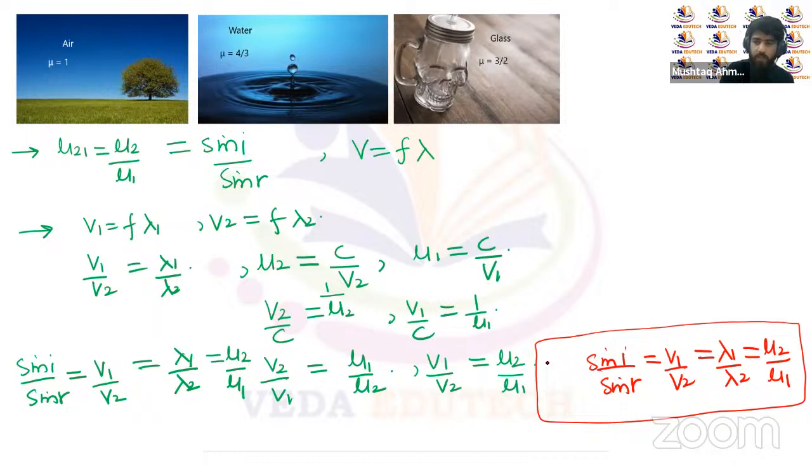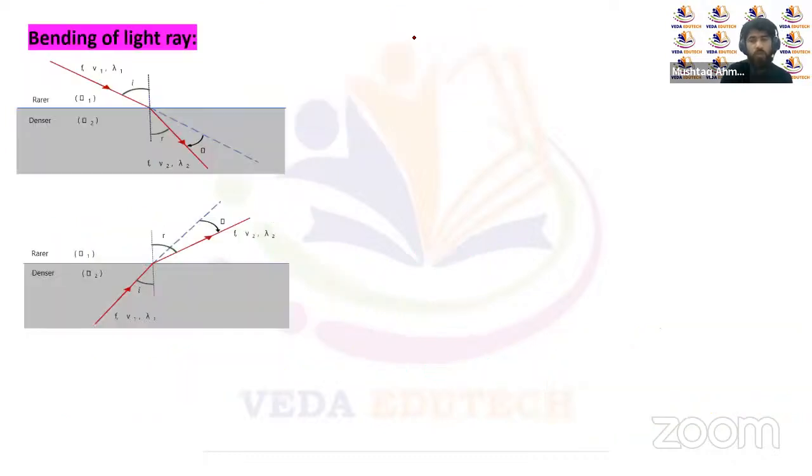So we can use any relation from here to find out the required quantity. Or we can write lambda 1 mu1 will be equal to lambda 2 mu2. So this is the relation between the wavelength and the absolute refractive index of different mediums.